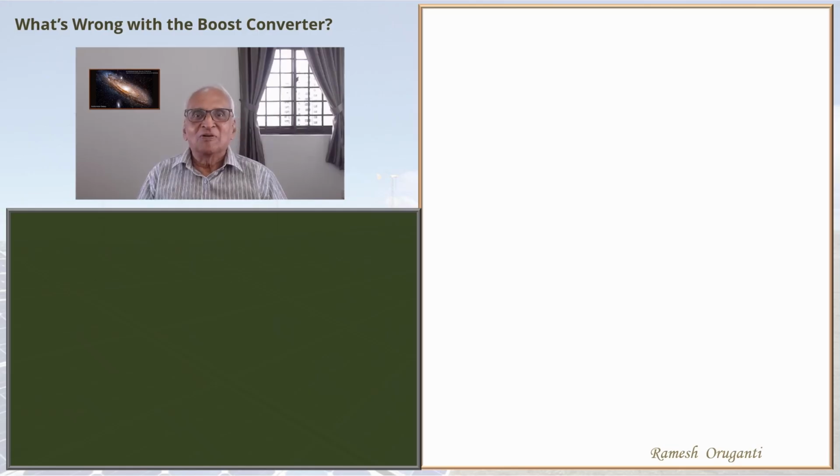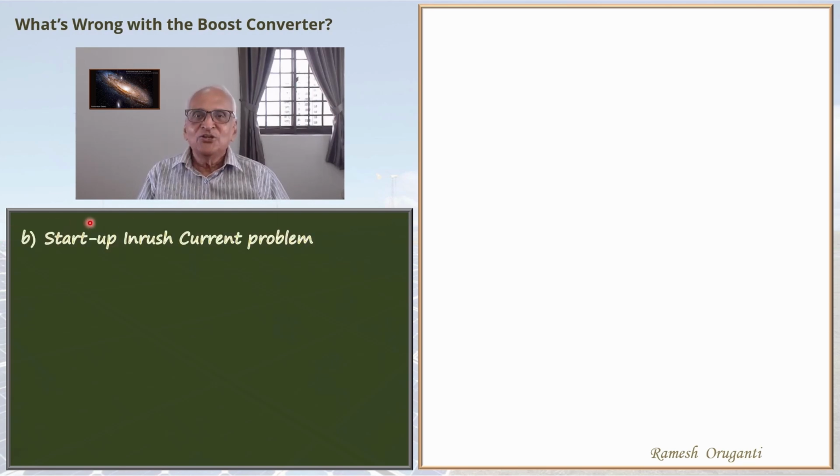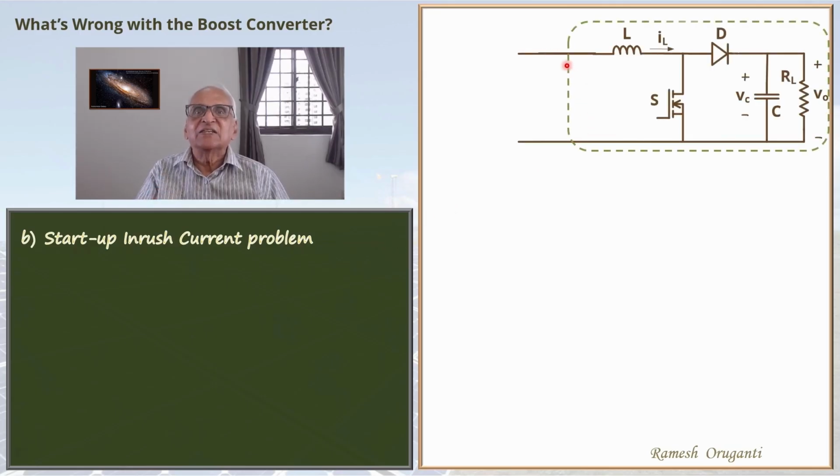The next problem that we are going to see also arises because of the lack of a series switch in the boost converter circuit topology. This is the startup inrush current problem. Again, you notice that between the DC source and the load, there is a direct path via the inductor and the diode.